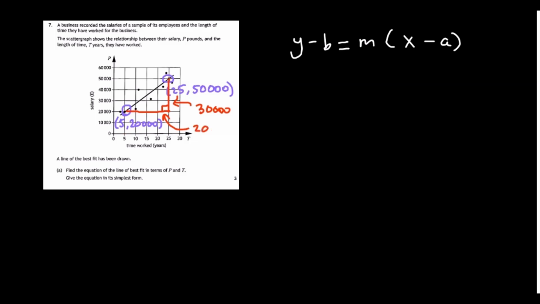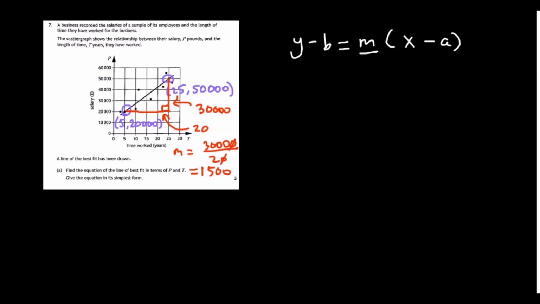So the gradient is 30,000 over 20, and then the zeros cancel, and that becomes 3,000 over 2, which is 1,500.